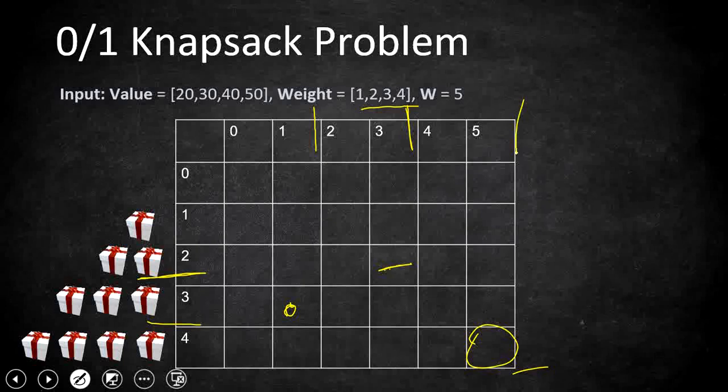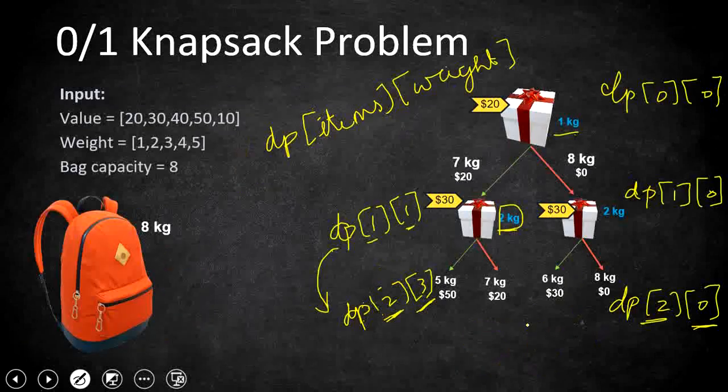So we are going to start from the leftmost cell 0, 0 and start filling the values towards the rightmost end cell 4, 5, and by solving each subproblem we arrive at our optimal solution and finally return the value at this cell. So if you consider the values, if we are not accepting any item, then the value is going to stay 0 for however many iterations we go.